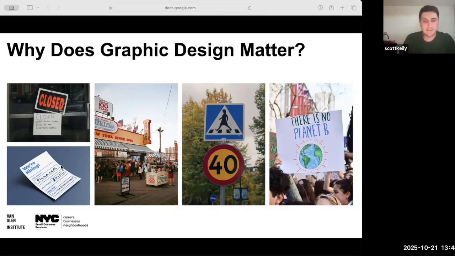I would say that we're at a moment now where people have more access to the tools of graphic design, and those tools are more accessible than they've ever been before. And so more people are positioned as image makers or designers than at any other point in human history.